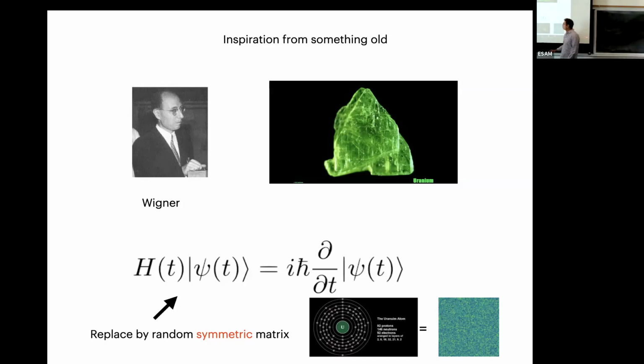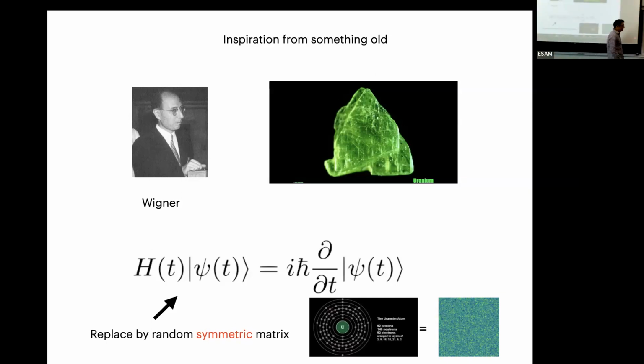So instead, what I'm going to do is take this Hamiltonian that describes uranium and replace it by some random symmetric matrix. Okay, so it sounds like a crazy proposition, but it's a conceptually different thing. Instead of saying the state is random, as in normal statistical mechanics, we're saying the system itself is random.